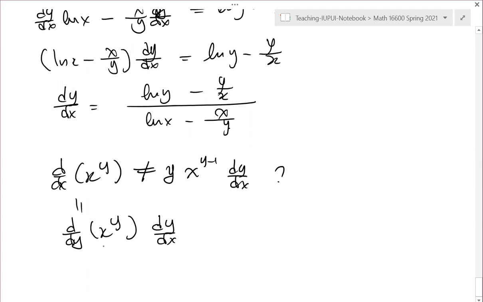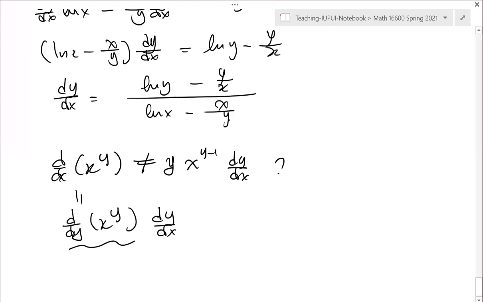But x is not an independent function. x depends on the y variable. Okay, x depends on the y variable. So I cannot apply the formula to this derivative, because x is not a constant. All right.